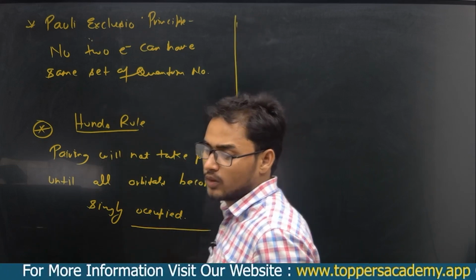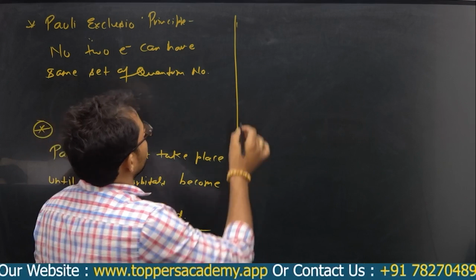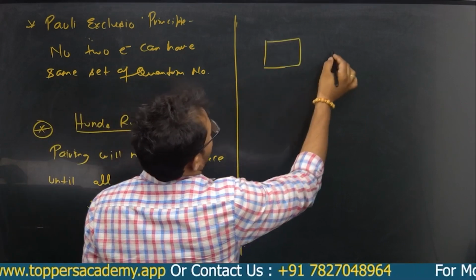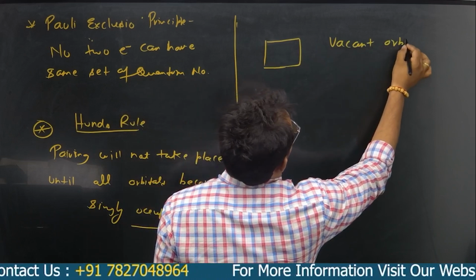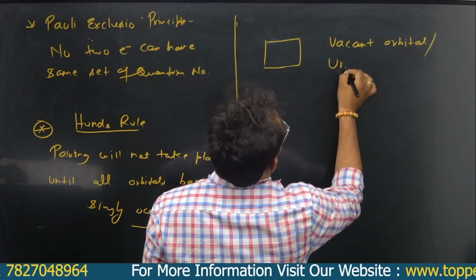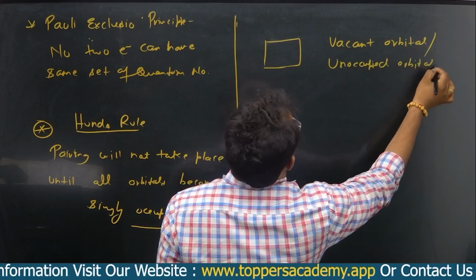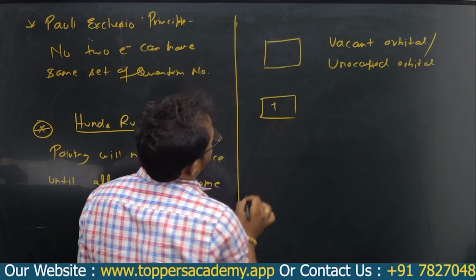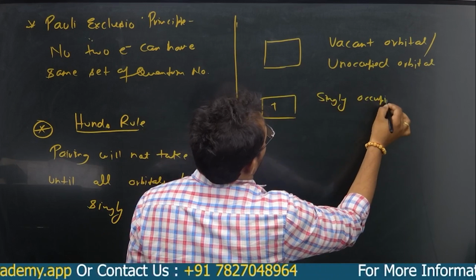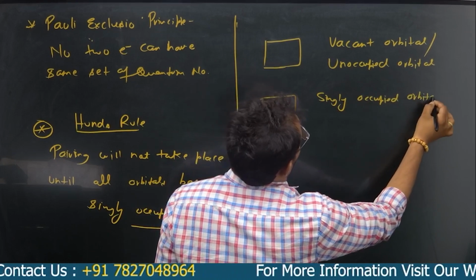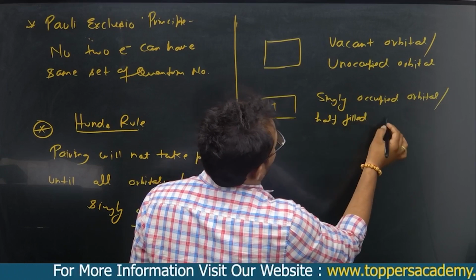Now I am going to tell you about some terms. If it is a vacant orbital, we can say it as unoccupied orbital. If in an orbital one electron is present, we can say it as singly occupied orbital. I can say it as half filled orbital.